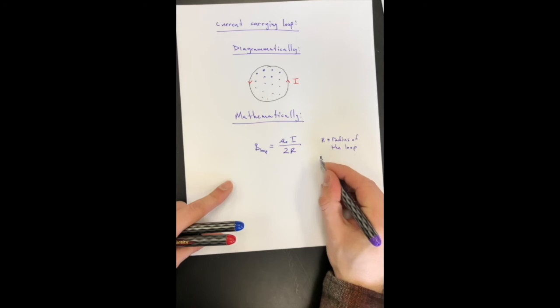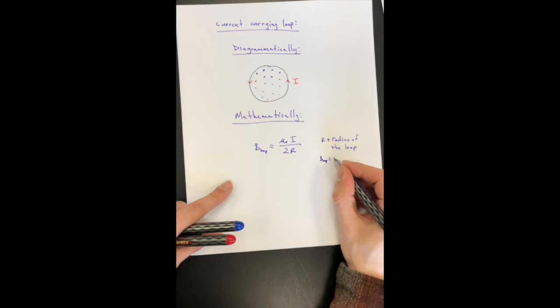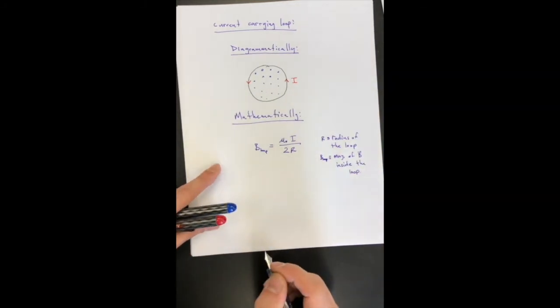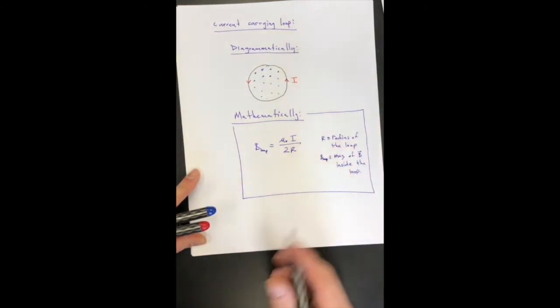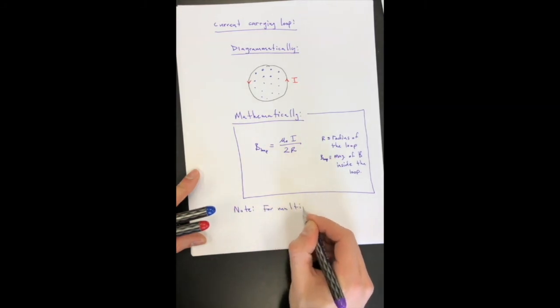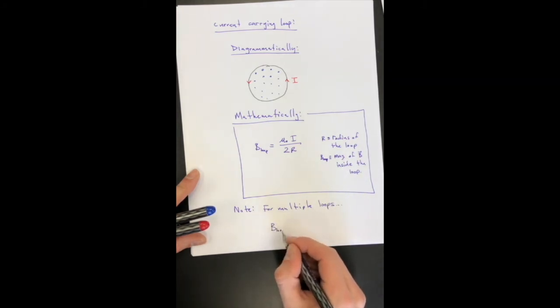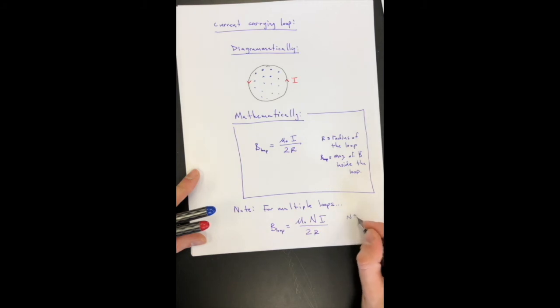And so this B loop would be the magnitude of the B field inside the loop. You might note, for multiple loops, this equation just gets a factor of n, where n is the number of loops. So it'd be mu sub O n I over 2r, where n is the number of loops.